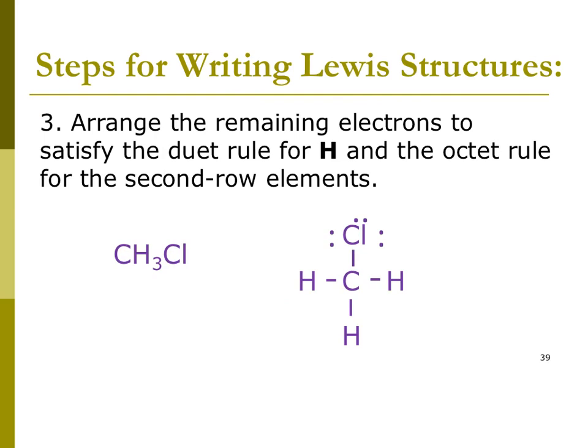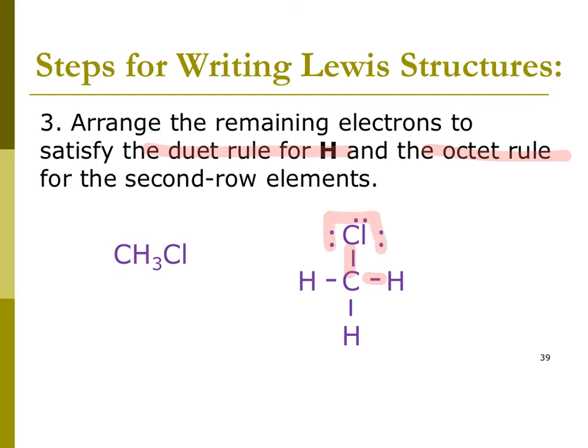The next thing you're going to do is attach the surrounding atoms to the central atom and figure out how to satisfy the duet rule or octet rule for the compounds. So hydrogen does not need lone pairs since it only needs 2 electrons, which it has in the shared pair. And then chlorine, here only having 2 electrons, would need 6 more.